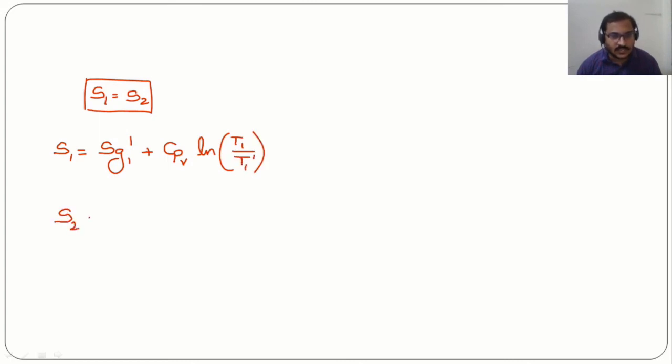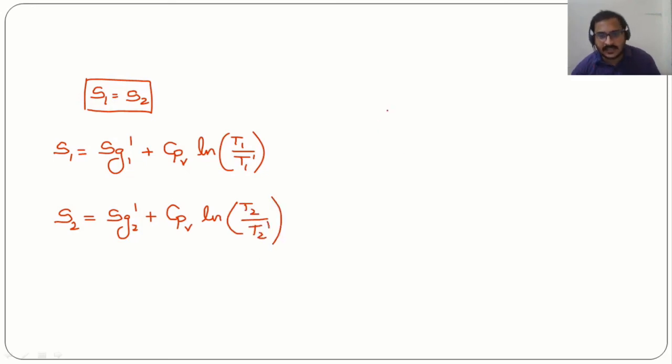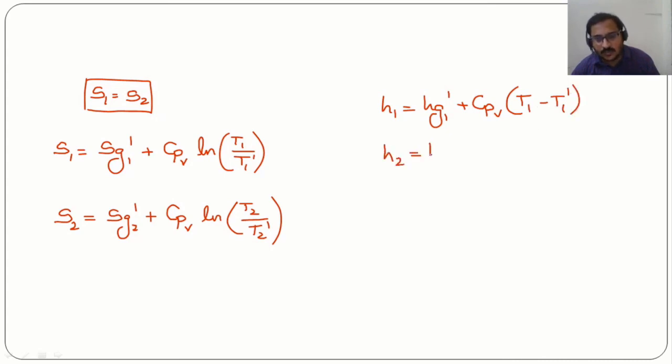Then S2 will be equal to Sg2' plus CPV ln T2 by T2'. Then H1 will be equal to Hg1' plus CPV into (T1 minus T1'), and H2 will be equal to Hg2' plus CPV into (T2 minus T2').